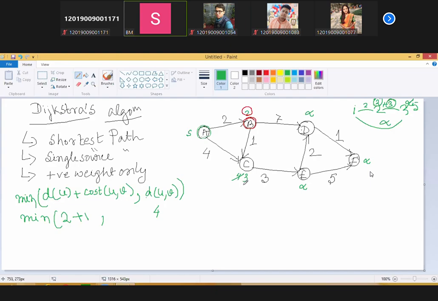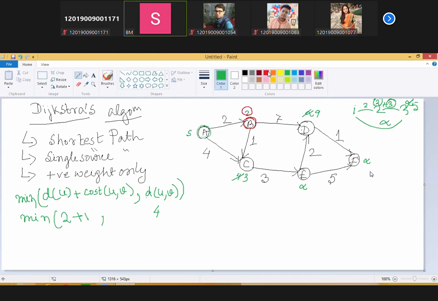Fine. What about D? D is infinity. And if I consider through B, this is 2 plus 7, 9. Definitely 9 is less than infinity, so you update this with 9. Doing everything with node B, that is done.